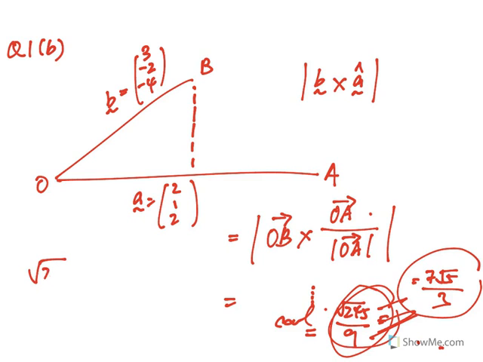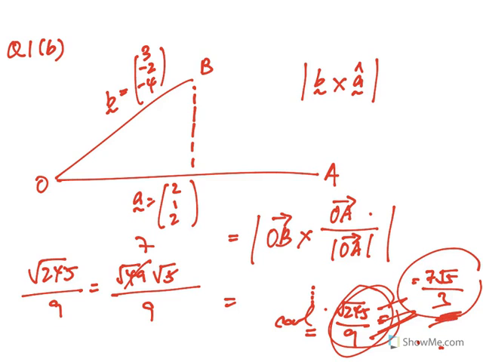Square root 245 you divide by 49, so it's square root 49 times square root 5. Square root 49 equals 7. 7 over 9 is wrong. Answer is over 3. Is the value the same? It's okay, but preferably the answer is rationalized. Must rationalize.